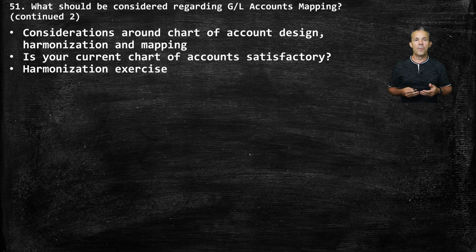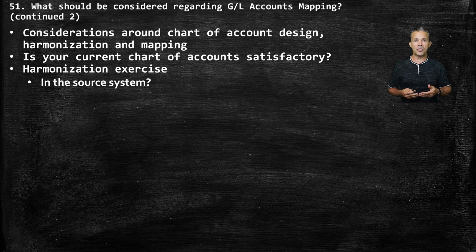Part of this harmonization analysis leads to the decision whether to harmonize the accounts in the source system or not. One approach could be to change the accounts in the source system to make sure an account is consistent across all company codes. This can be difficult sometimes.